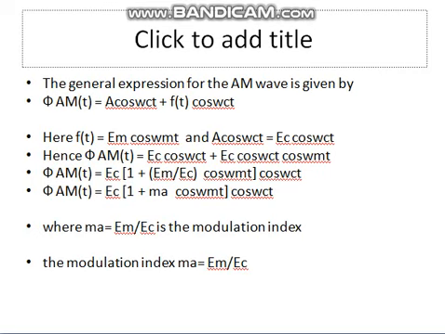We know that the amplitude modulated equation is phi_AM(t) = A cos omega_c t + f(t) cos omega_c t. In this question, we are given the carrier E_c cos omega_c t.